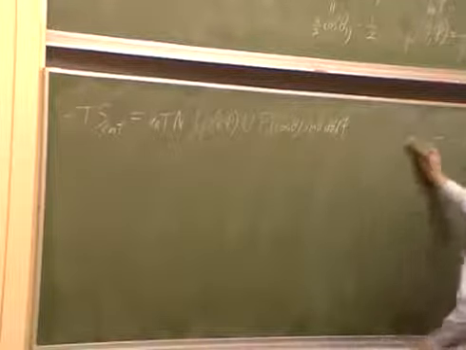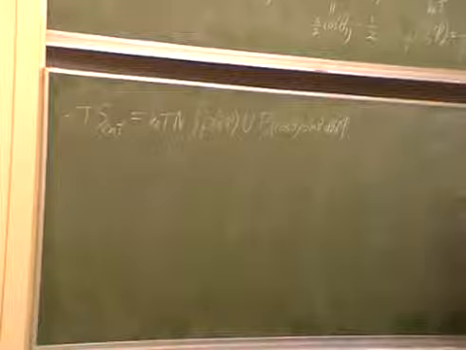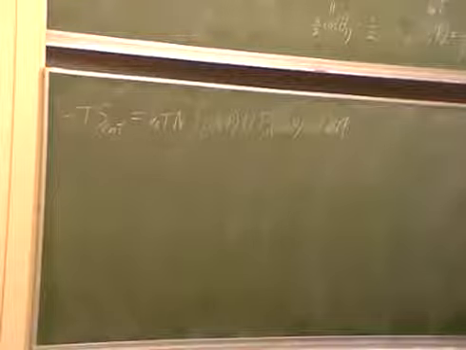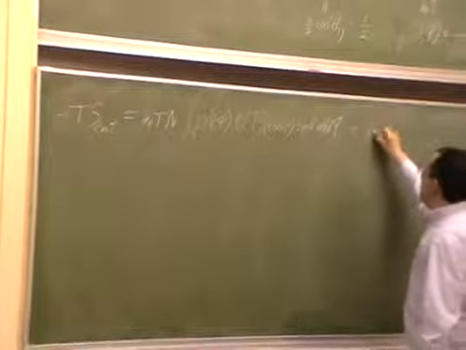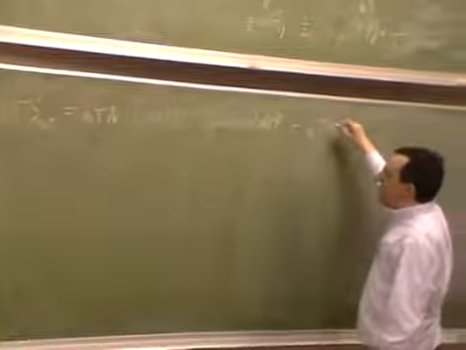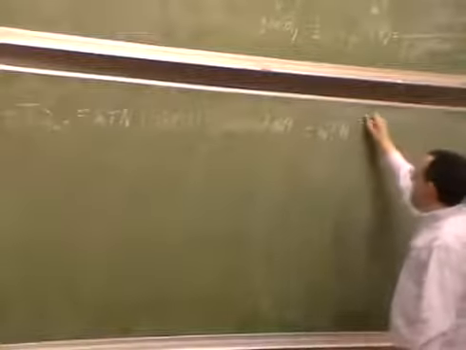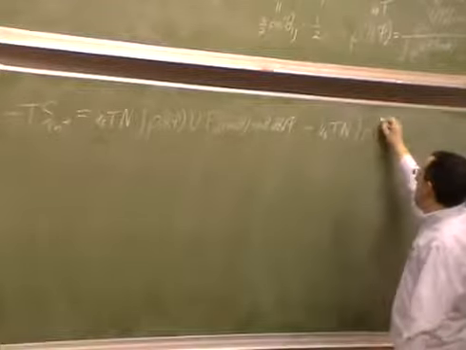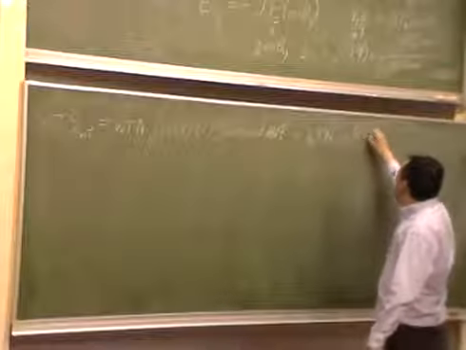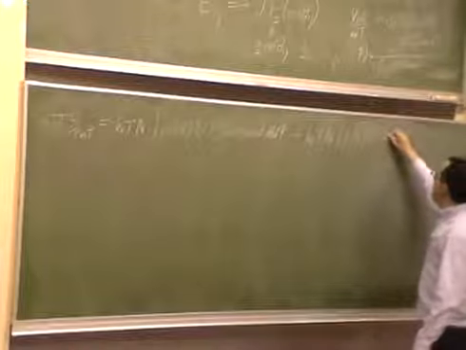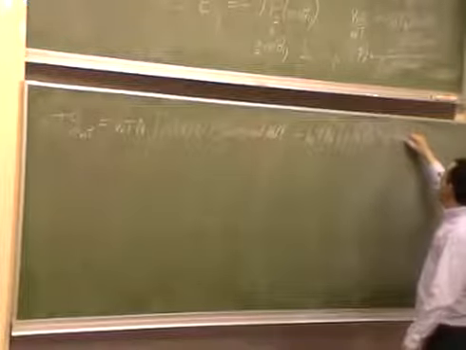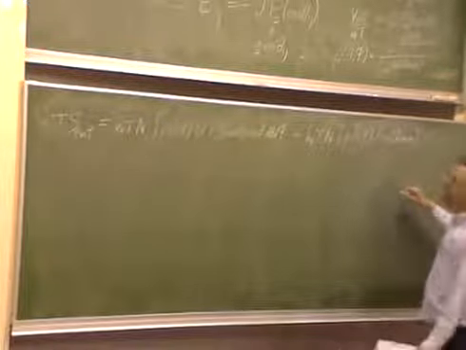And then I'll have the denominator part, and so that makes a minus kTN integral of rho times the log of the denominator.